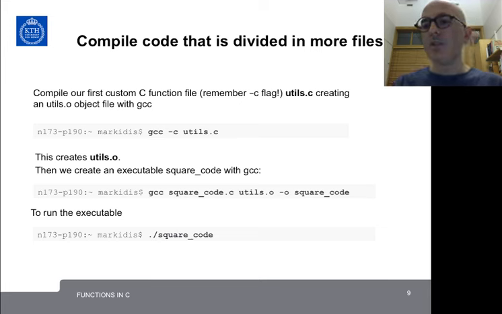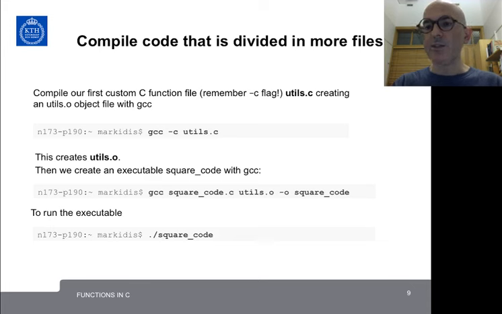Some attention should be put when we compile our code that comprises functions in separate files. The first thing we need to do is to compile our function defined in utils.c. We do that with gcc -c utils.c. This will create an object file utils.o.